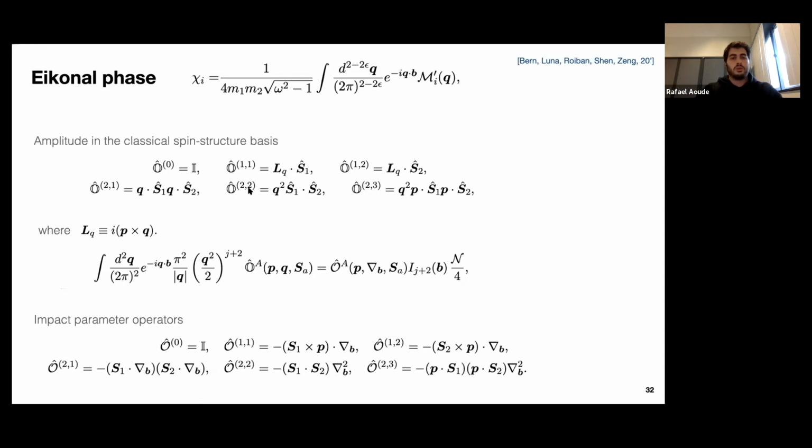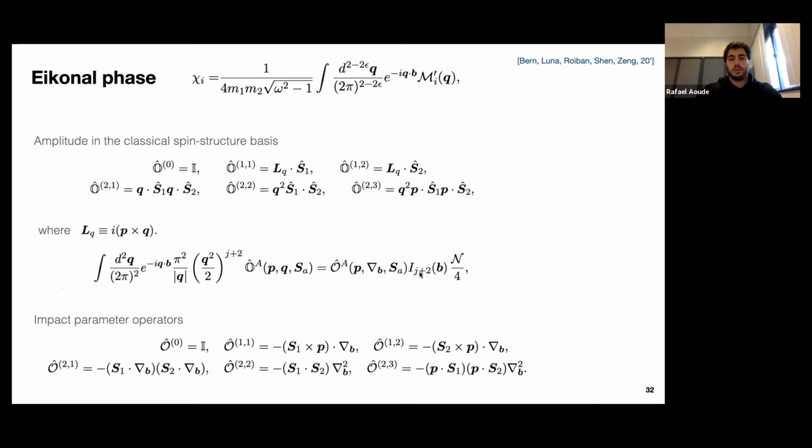And what you can do for these operators is that you can pull them out from the Fourier transform. So our Fourier transform of the tidal effects will involve integrals of such type, where here you are increasing in the mass dimension of the operator. So this integral here with the operators, and then you can pull out the operators and write it as a derivative of the impact parameter in an integral with only that.